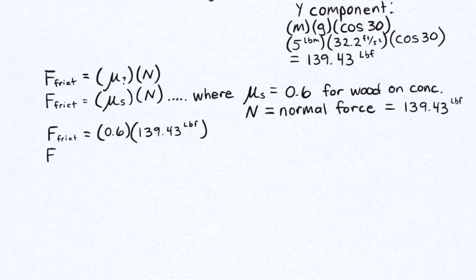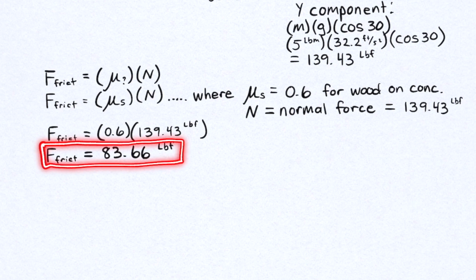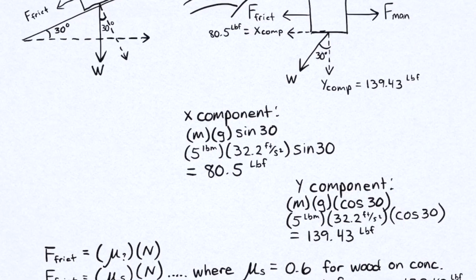So then F friction, the force caused by friction, is going to be 83.66 lbf, which is pounds of force. So the force due to friction is going to be 83.66 pounds of force.